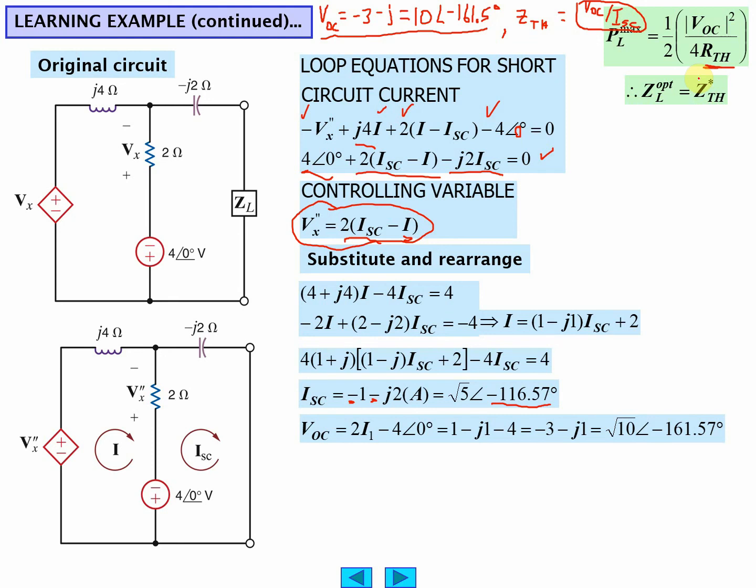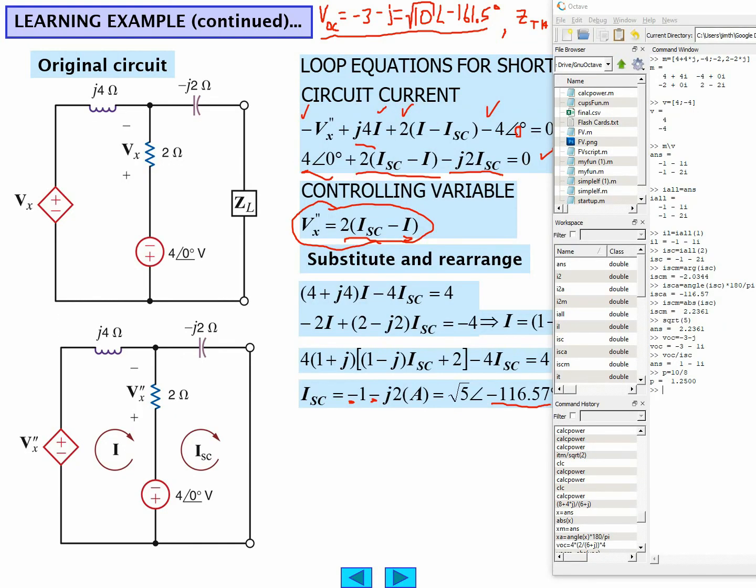Okay? I'm going to pause just a second, go back to Octave a second, just double check answers. Here's the Octave output here. You'll see ISC is negative 1 minus 2j, which will equal the square root of 5.